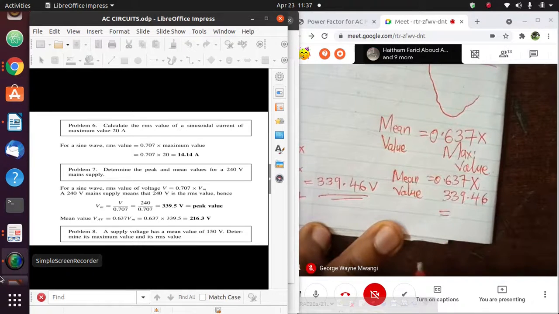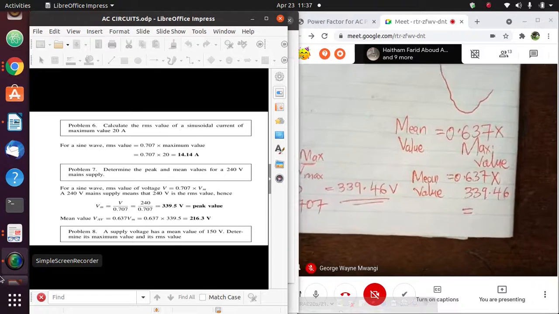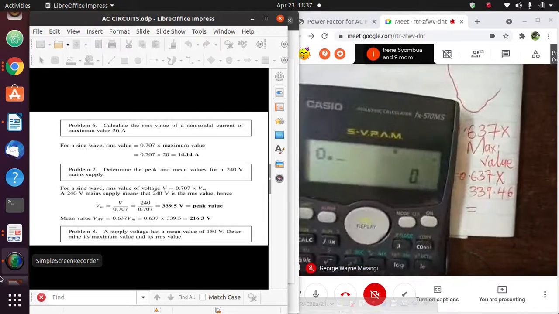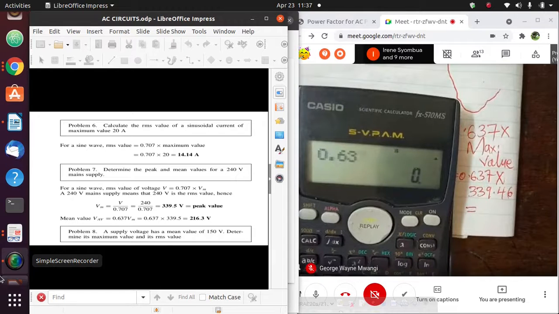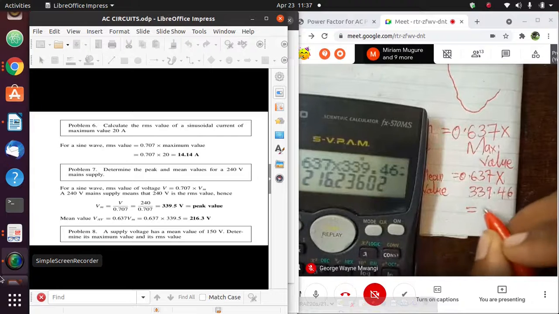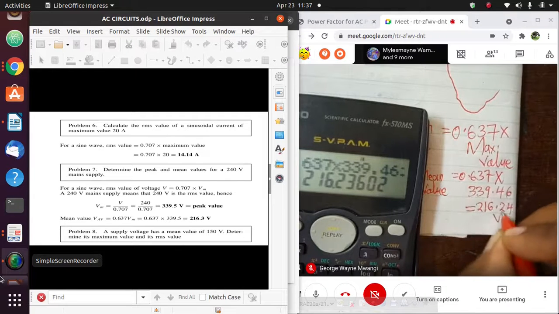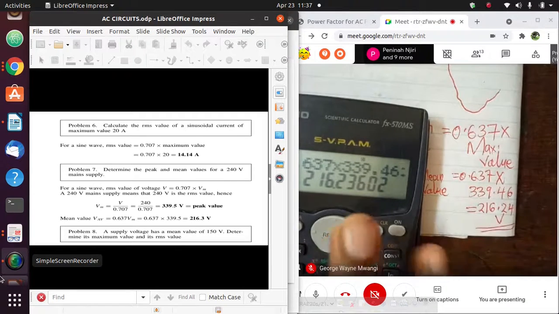So 0.637 times 339.46. You get that our mean value is 216.23 or 24 volts. That will be our mean value.